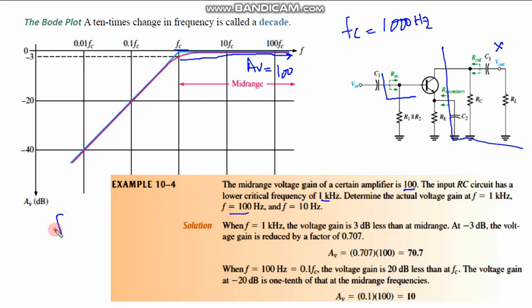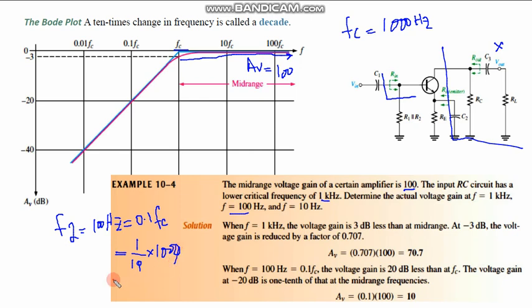If I call this F2, it is equal to 100 hertz. If I calculate the ratio, this is 0.1 FC, the first decade frequency, so 1 by 10 of the critical frequency, which was 1000.